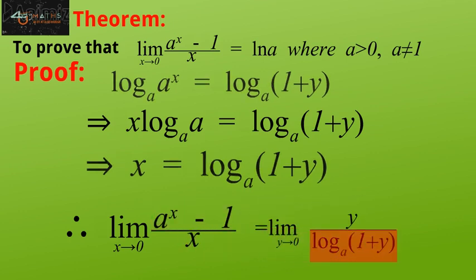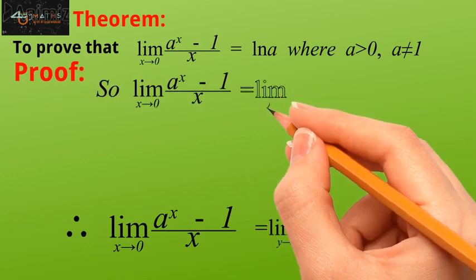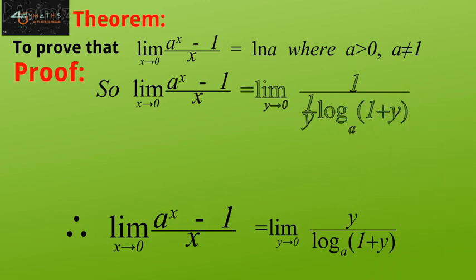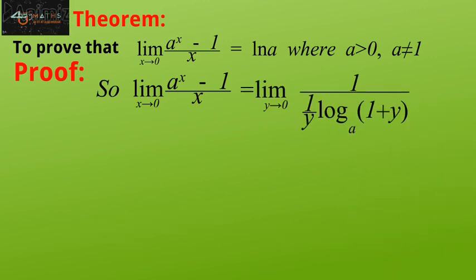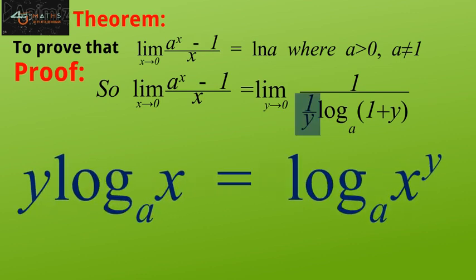Now we need to bring this y into the denominator. So this becomes the limit as y goes to 0 of 1 divided by (1 upon y) log of 1 plus y to the base a. Now again we will use this property of logarithm to take 1 upon y into the exponent of 1 plus y.